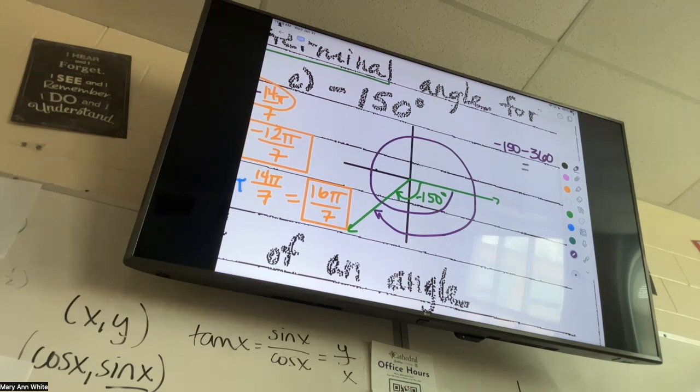Negative 510. Now when I add 360, because I'm adding to a negative angle, I'm going to end up getting a positive angle that's going to be less than 360. So negative 150 plus 360. Is that 210? Yeah. Okay, awesome.